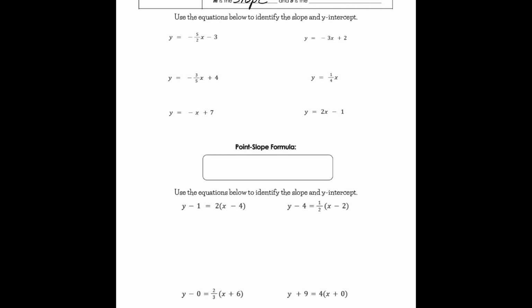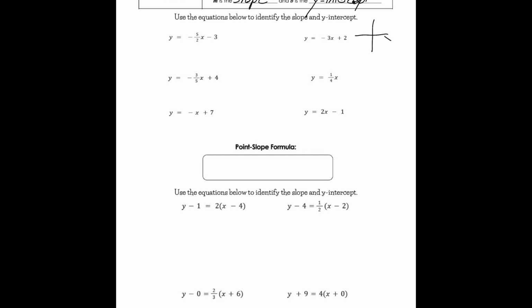The b is our y-intercept, or where the line on the graph is crossing our y-axis. This is something that we learned in Unit 2A, our x and y-intercepts, but it's where the line on the graph crosses your y-axis. For example, here's our y-axis, here's our x-axis.